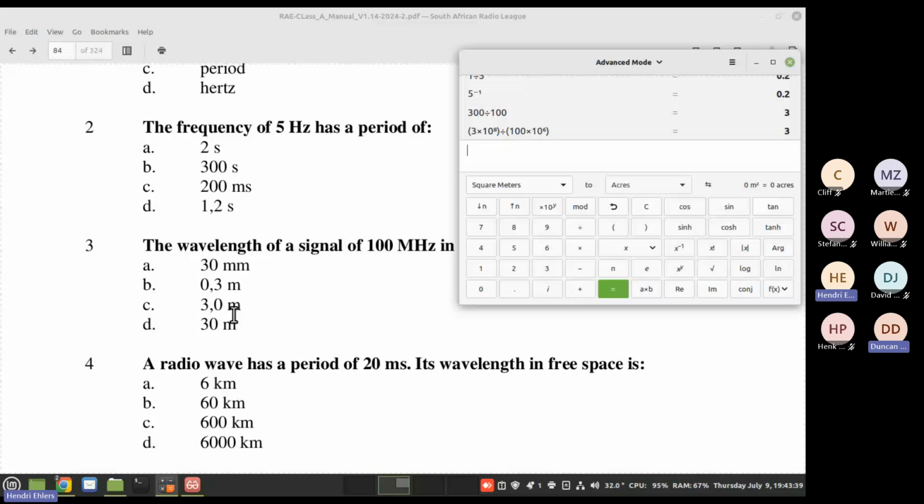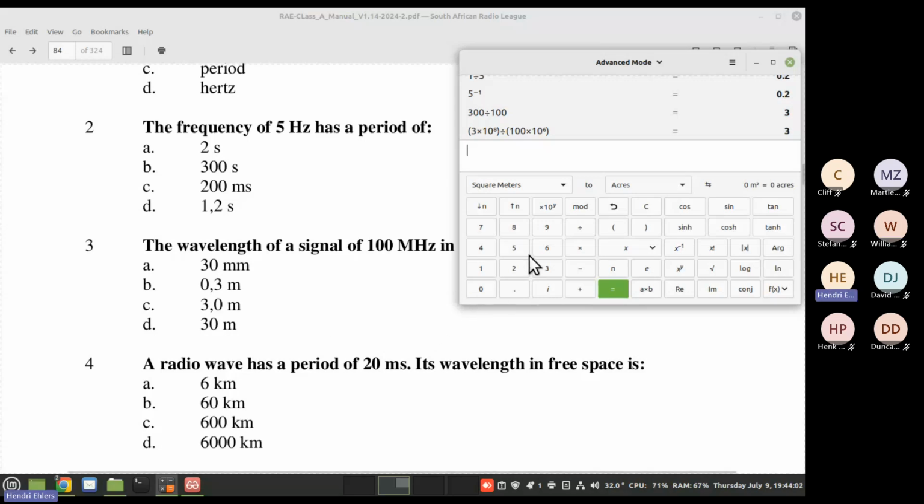A radio wave has a period of 20 milliseconds. Its wavelength in free space is. So there we're going to use lambda equals speed of light times time.